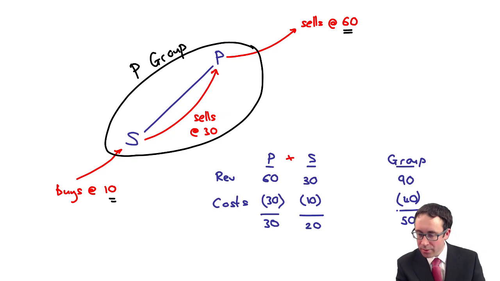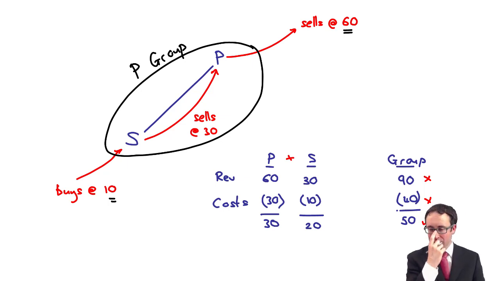But if you look at the revenue, it's not 90, it's 60 to the group. Look at the costs. The costs aren't 40, it's 10, isn't it? So we're materially right with the profit, but we're not right on a line-by-line basis for the revenue and the costs, are we? So we need to do something about it. What do we need to do?